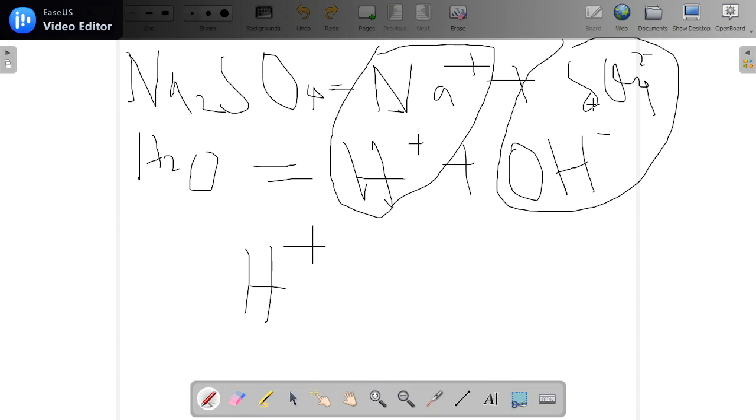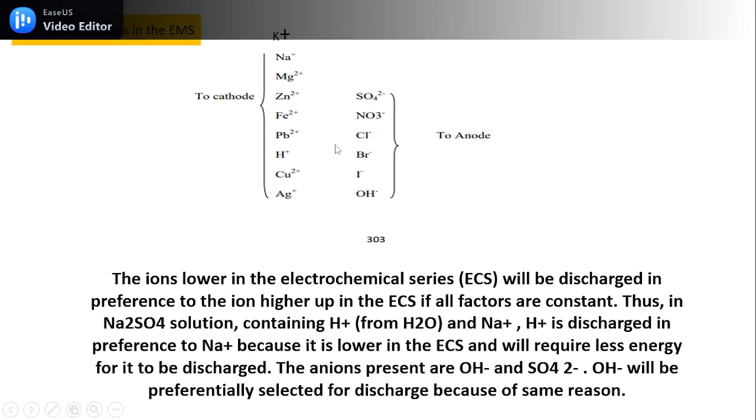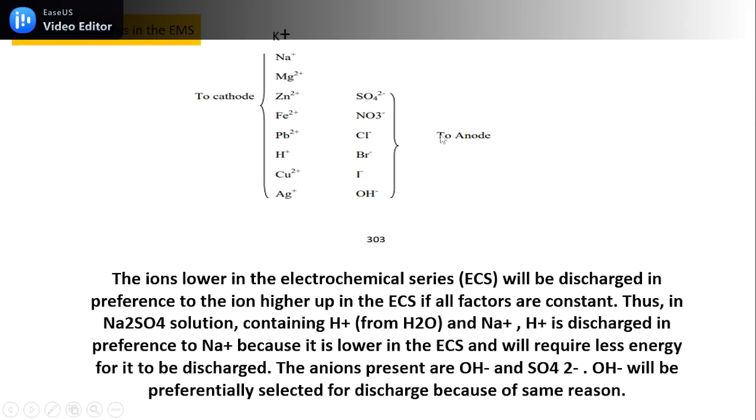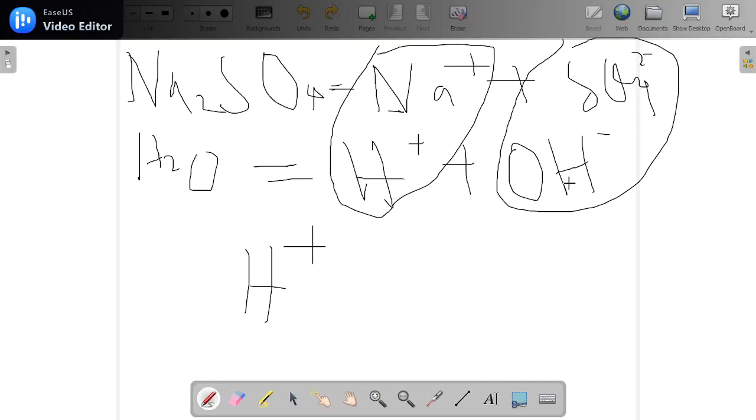When we look at these negatively charged ions, one of them is expected to be selected, and it follows the rule that the ion lower in the activity series will be selected over the other. Looking at this, we have sodium, the tetraoxosulphate(VI) acid at the top, and we have the hydrogen oxide here at the bottom.